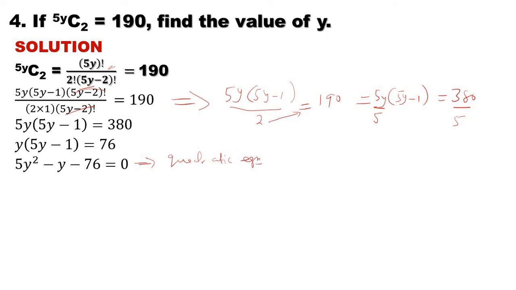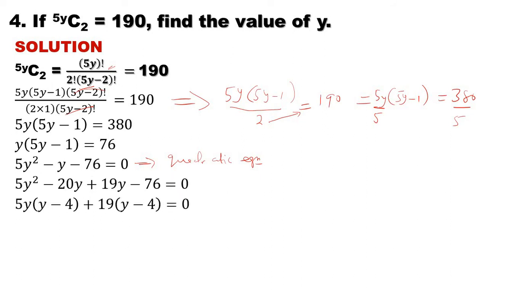It's factorizable, so we factorize and then we have this. You should know how to factorize. If you don't, I have a video on factorization that you can go through. And then we now have this. So it's either y minus 4 is equal to 0 or 5y plus 19 is equal to 0.